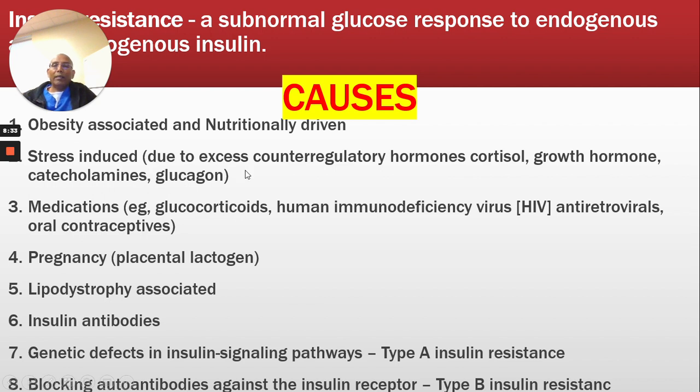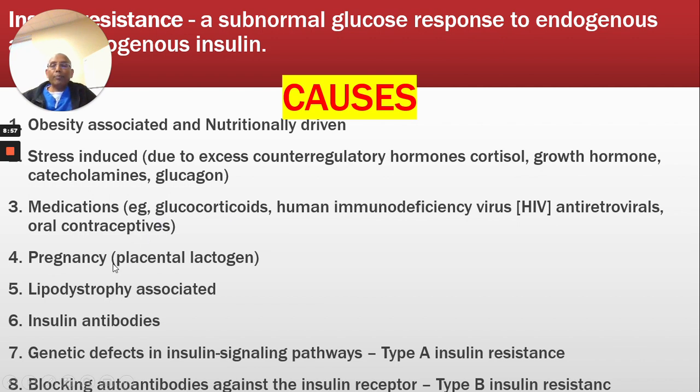These counter-regulatory hormones help to maintain glucose, for example in the morning when there is elevated glucose, they are trying to help the body maintain the glucose level. Now, this can happen through medications also.